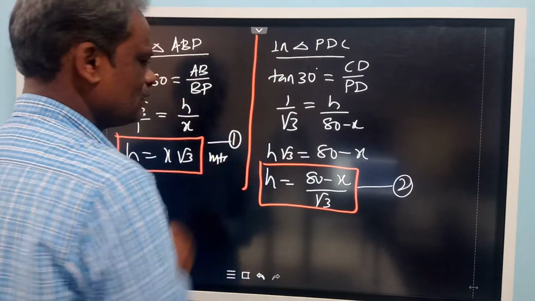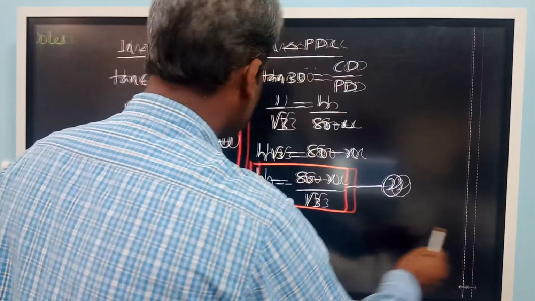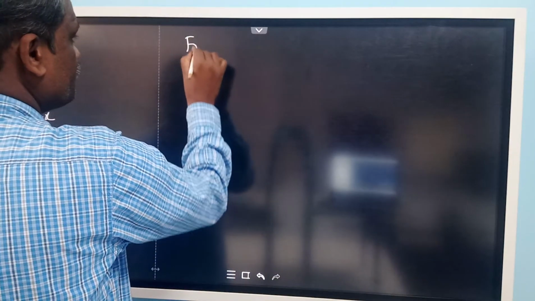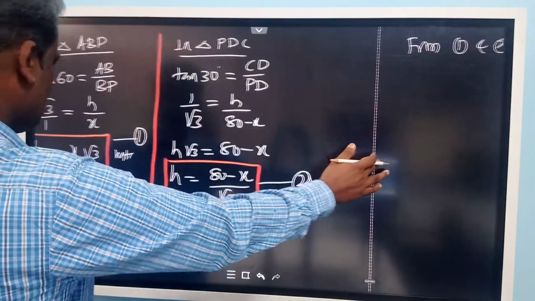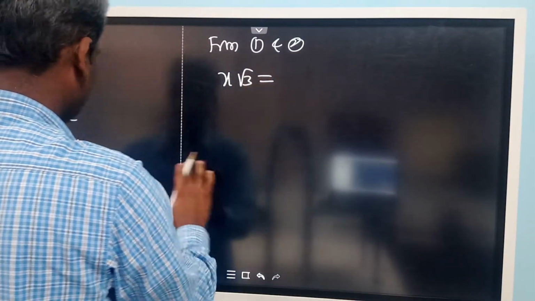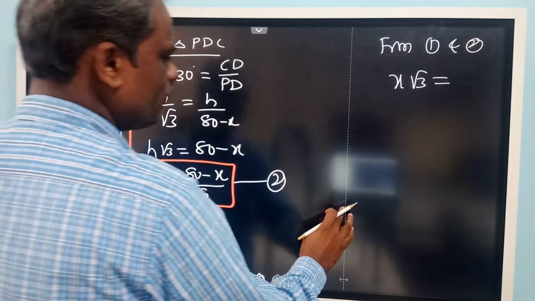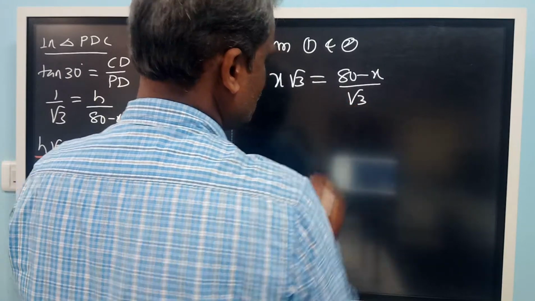This is 1. Compare 1 and 2, both are equal to H only. So from equations 1 and 2, H is equal to x root 3, so x root 3 is equal to 80 minus x divided by root 3.